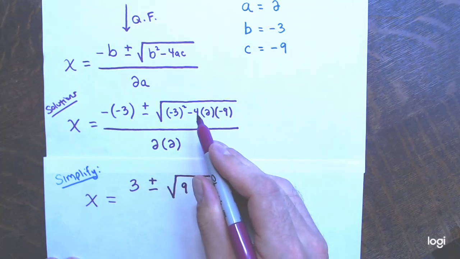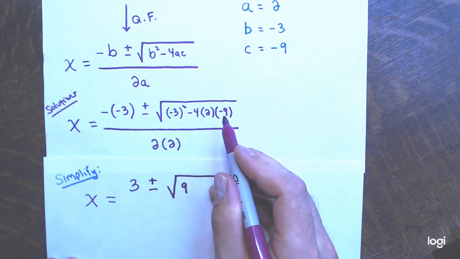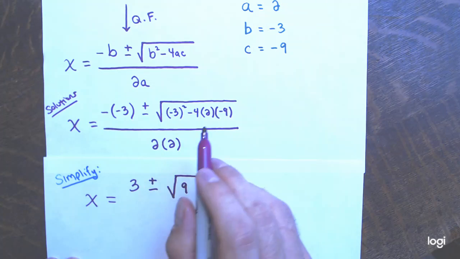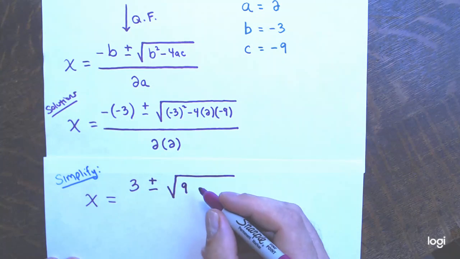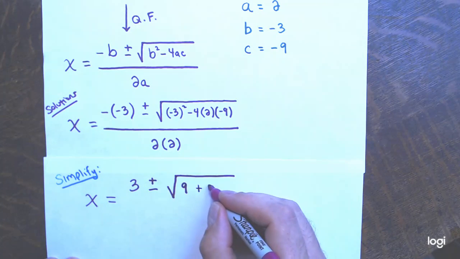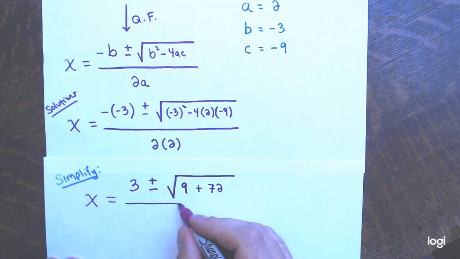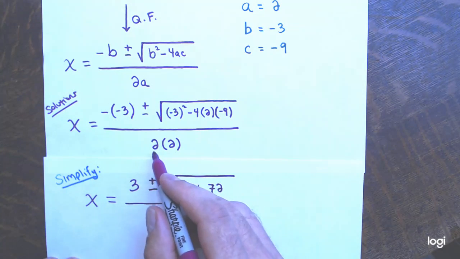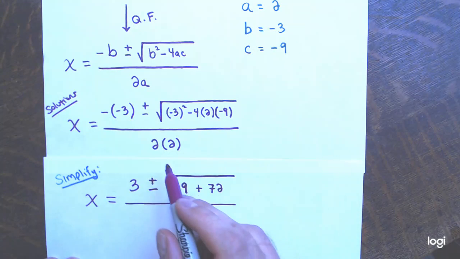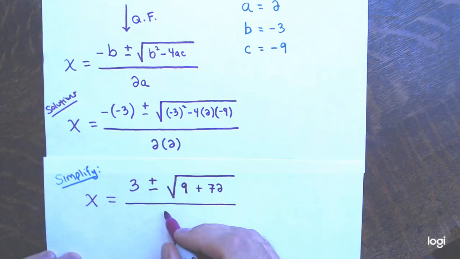But then we're multiplying negative 8 by negative 9. All right, so negative 8 times negative 9 will be positive 72. And we'll simplify that in a second. And then big division bar, and then down in the denominator, 2 times 2 is 4.